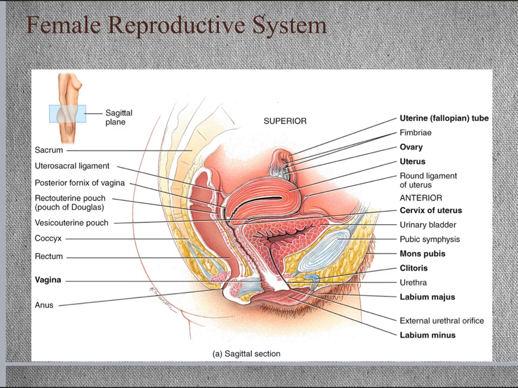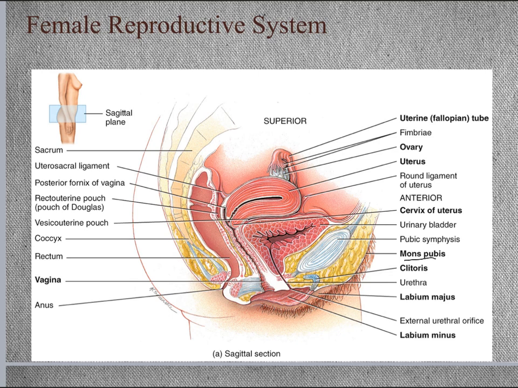The female reproductive system. We're going to discuss the female reproductive system in a similar fashion to the male. We're going to start with external anatomy and work our way to the internal anatomy, structure, and function. So we start with the external anatomy, and this mid-sagittal cut takes us through some external structures.